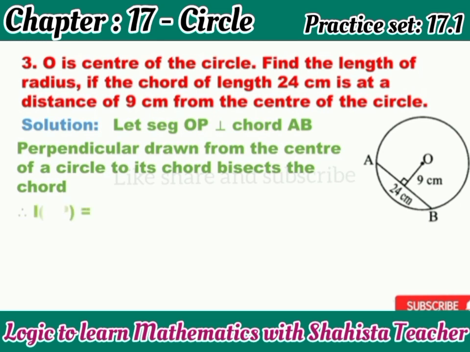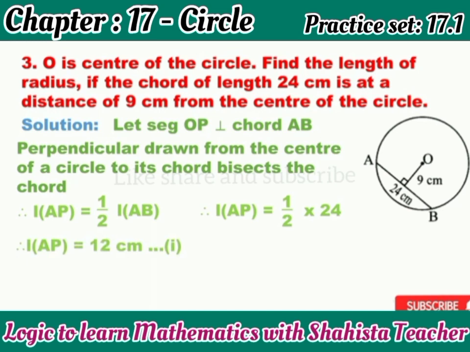So AP is half of the length of AB. AB is 24 centimeter, so half of 24 is 12 centimeter. Length of AP is equal to 12 centimeter.